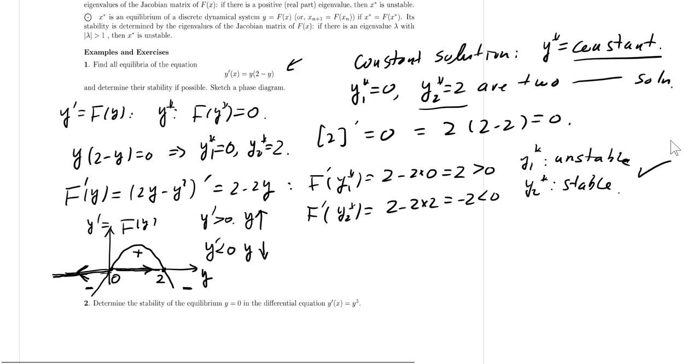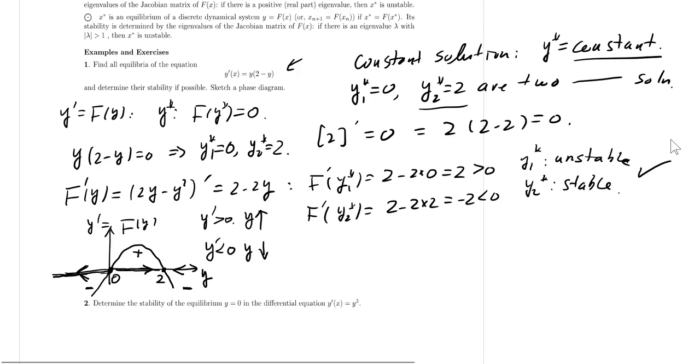And then beyond 2, value of y is decreasing. So now we clearly see why equilibrium 0 is unstable, because nearby values are leaving 0. And why is equilibrium 2 stable? Because nearby values are approaching 2.